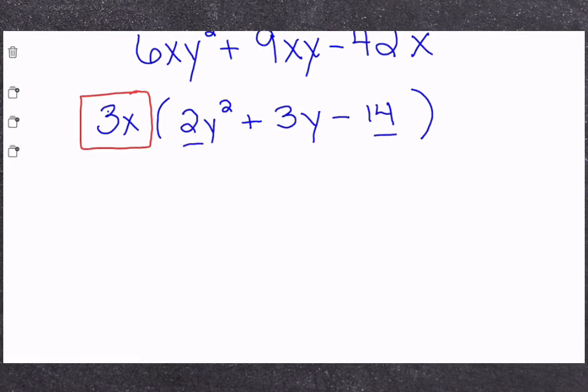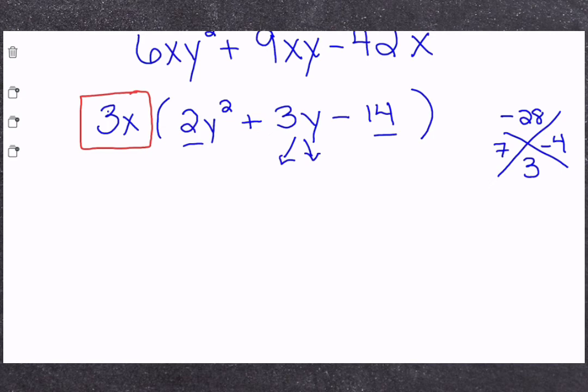So 2 times negative 14, that's going to be negative 28. I need to find a number that when I multiply, I get negative 28, but when I add, I get 3. So I know 7 and 4, but I need to add to get 3. So the 4 will be negative. So that's how I'm going to split up the middle part.